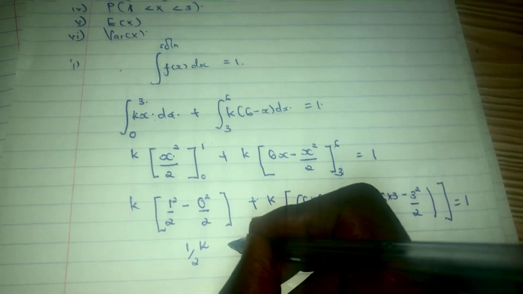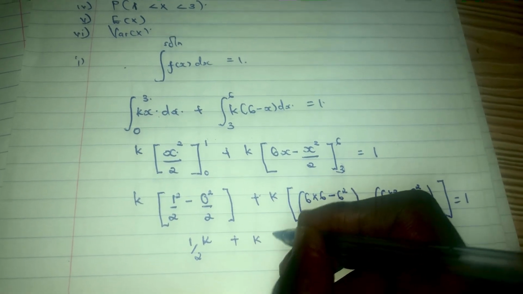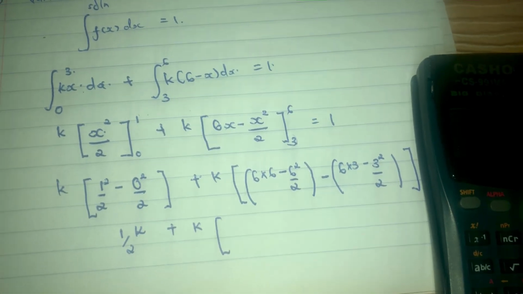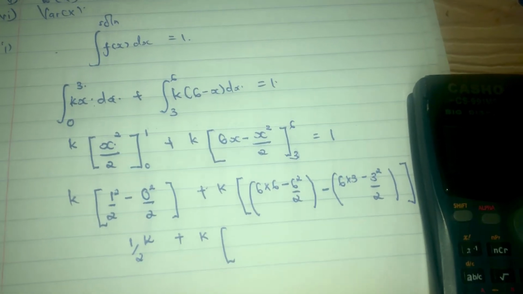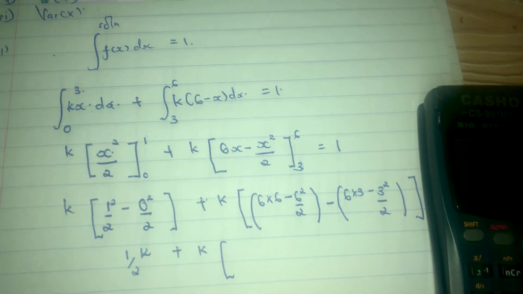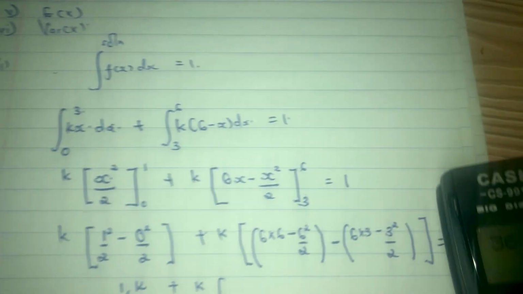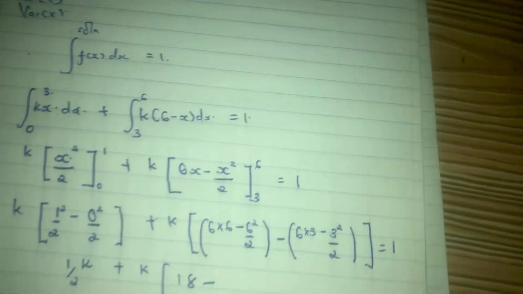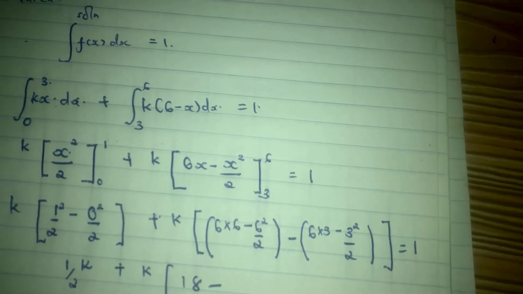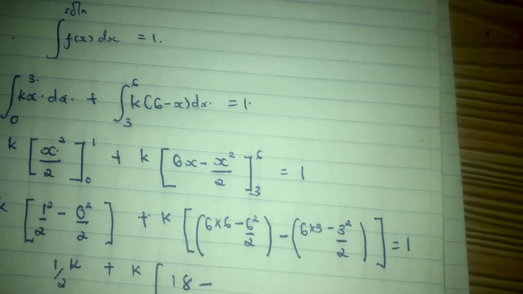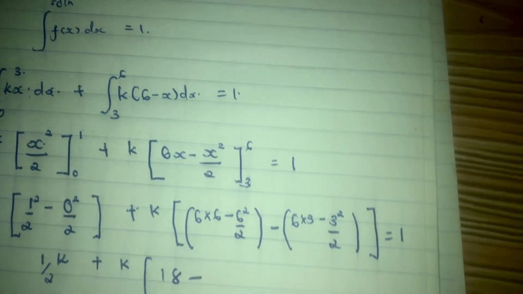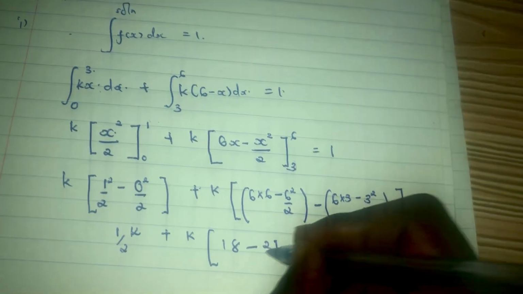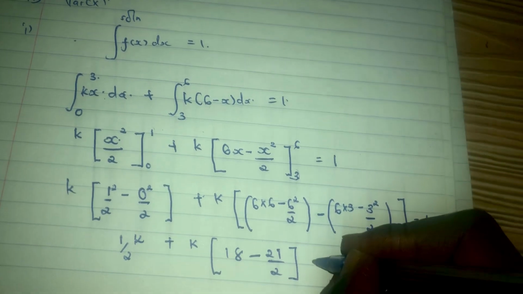Are we together? Plus here when you put in this, try to use your calculator to be efficient. 6 times 6 is 36. So you get 36 minus 36 over 2. Our answer will be 18 minus, when you work out this bracket here, which is 6 times 3 minus 9 over 2, our answer for this case is 27 over 2.